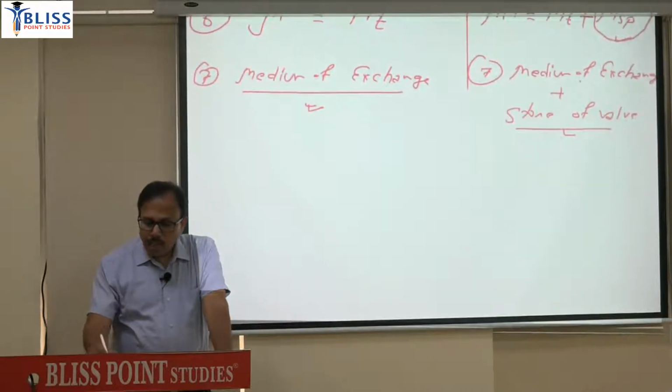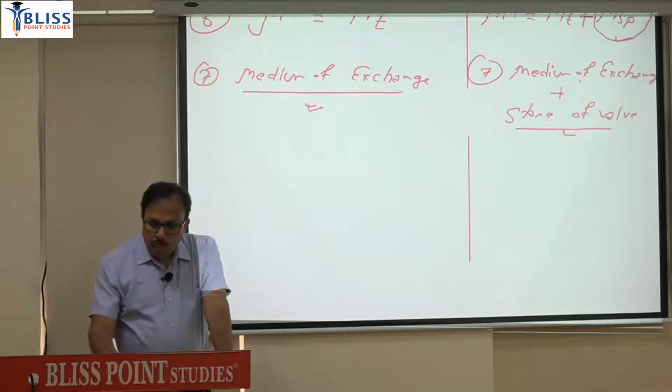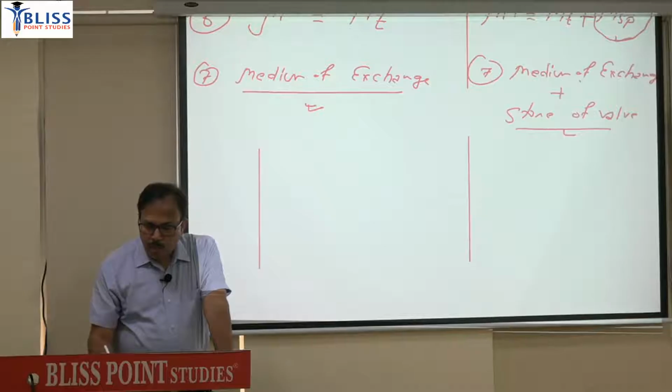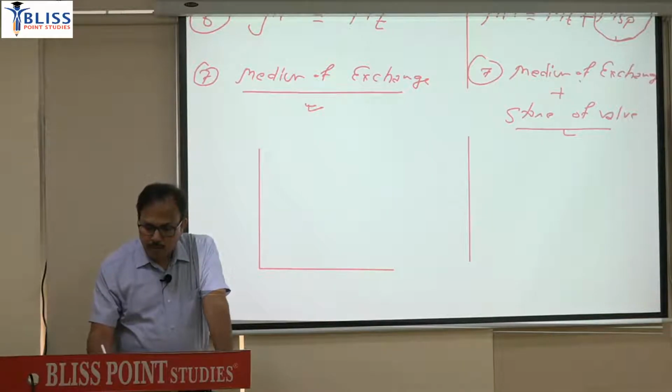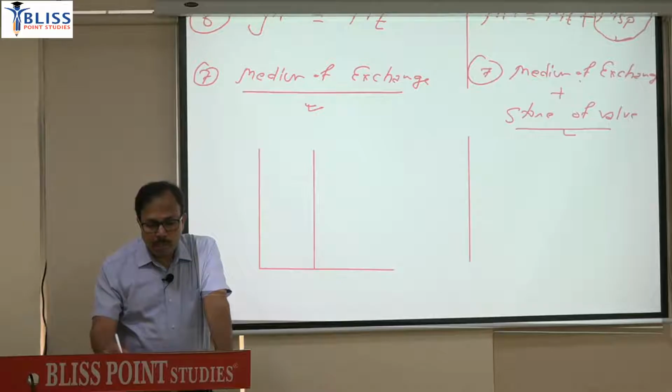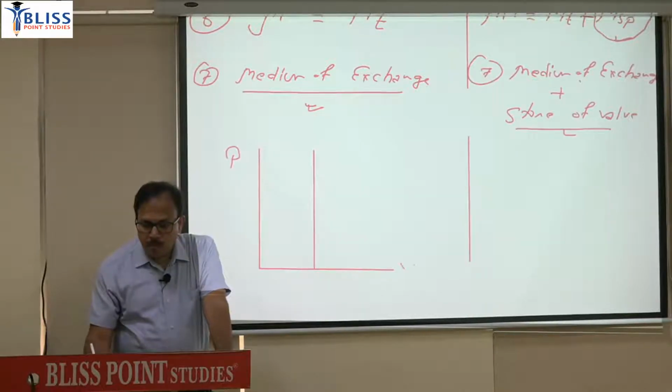Then classical and Keynesian difference. In the classical approach, aggregate supply curve is vertical, and whenever you draw aggregate supply, remember, you will write price and output on the axis, but this is your classical AS.